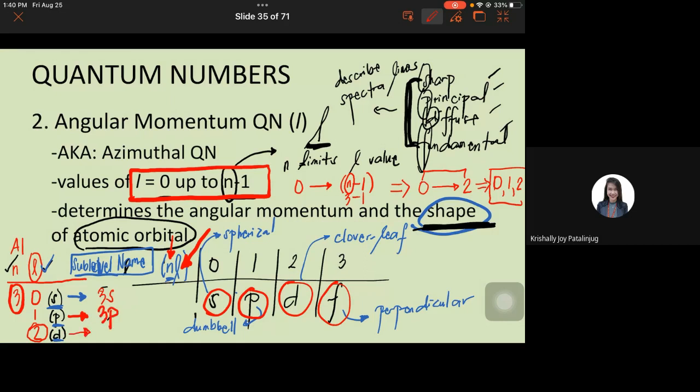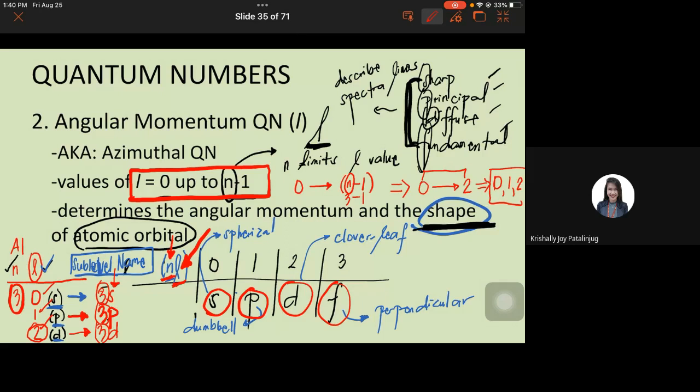And then last, this would be 3D. Again, this 3 represents the N, and the letters followed by the N value are the letters that designate each L value. All right, so that's it.